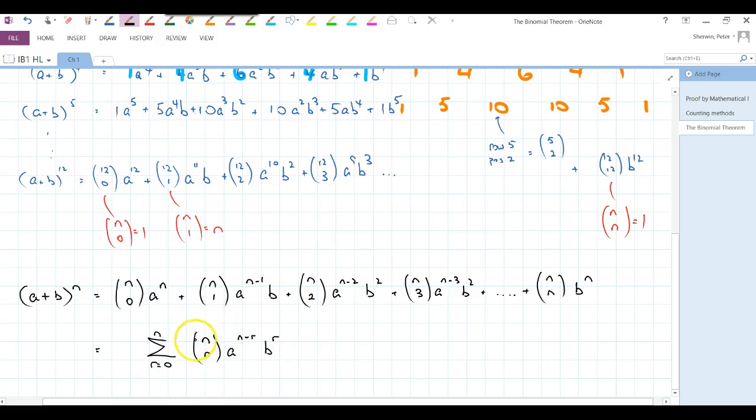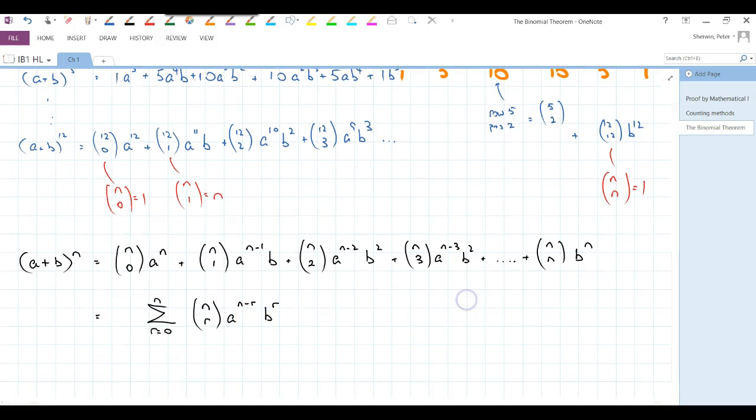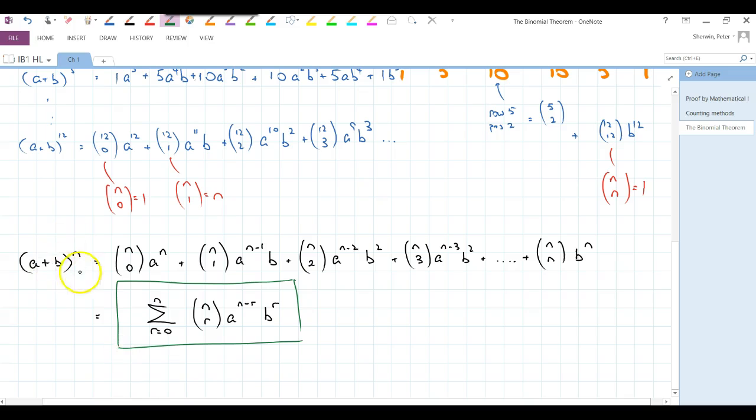So that is our generalized term for a binomial expansion, and we're going to use that in our work as we proceed and start to solve some problems using the binomial theorem. That's the basis of what we go from. This is a really important sum here. It just represents the expansion of the binomial (a + b)^n.